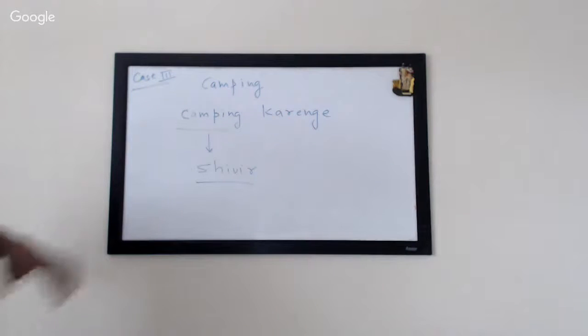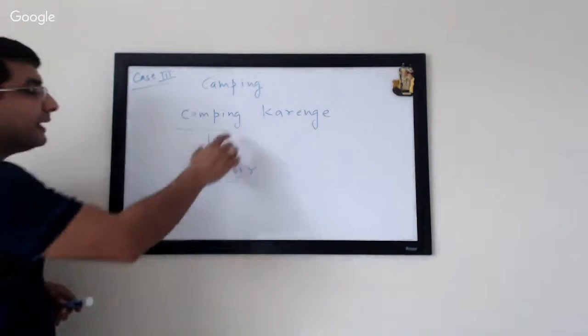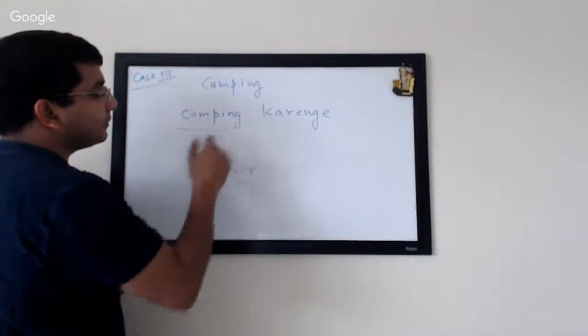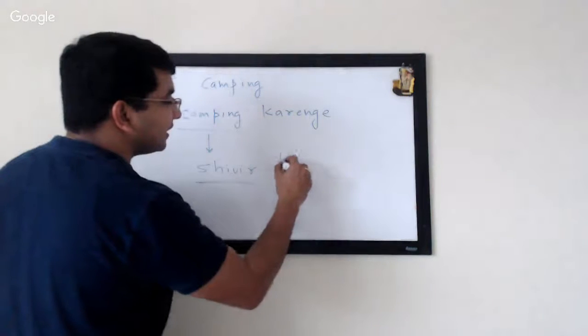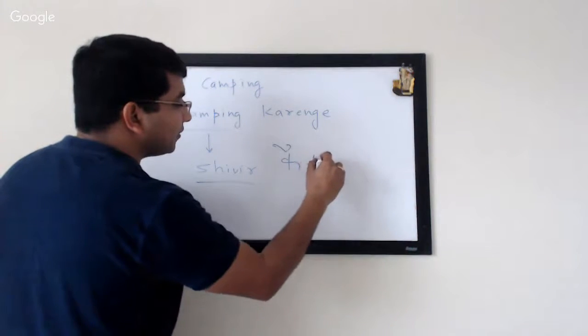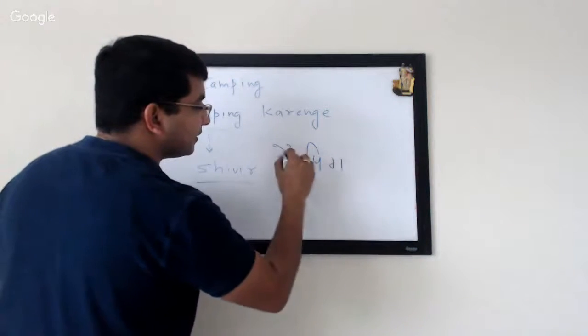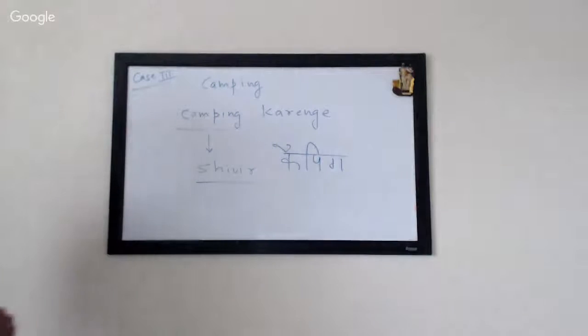So I would simply say, even if you read the newspaper, they write camping in the Devanagari script, basically. So they'll write ka with a, pa with e, then na, and g, camping. That's how you'll see it in the newspaper, camping karenge, right?